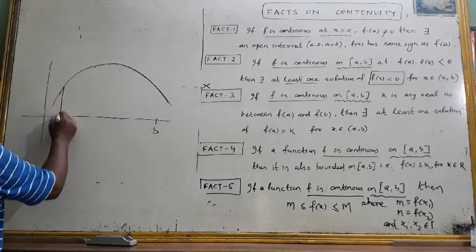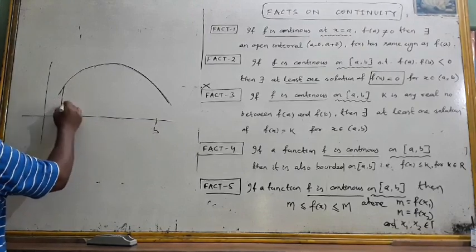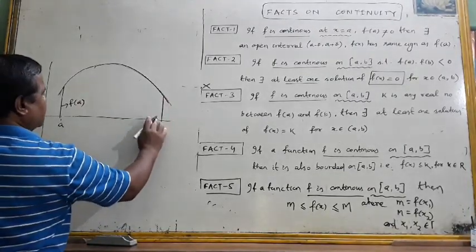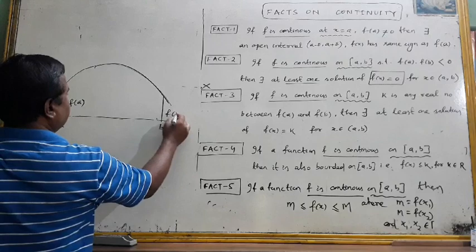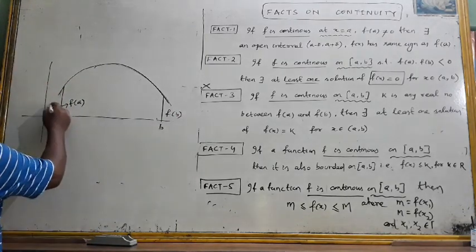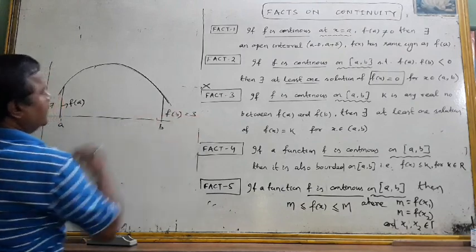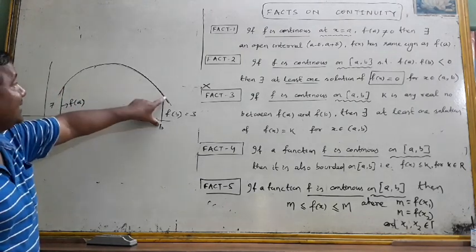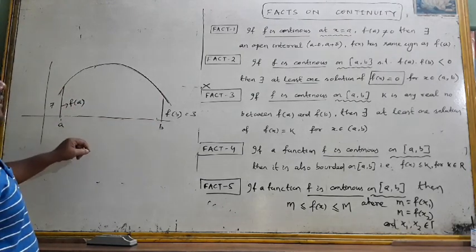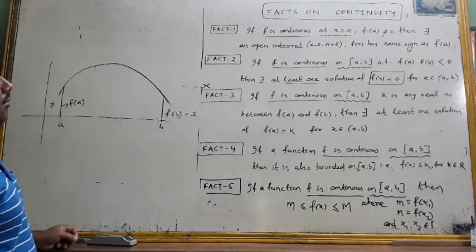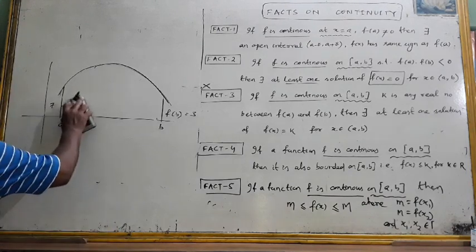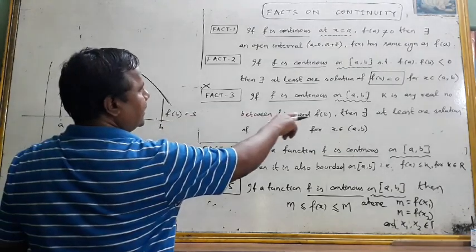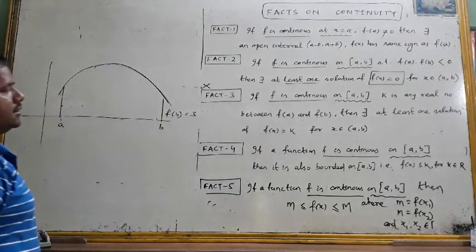Suppose this is f(a) and this is f(b), this height is 7 and this height is 3. Within this height you can get any number, and then there exists at least one solution.